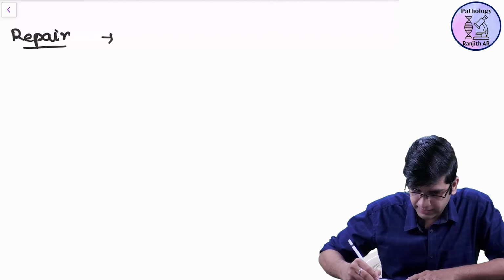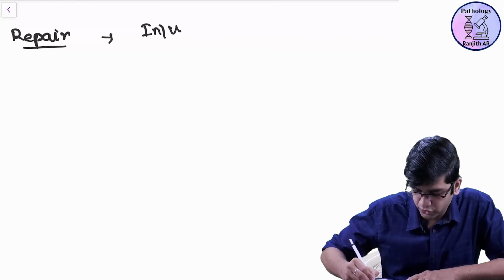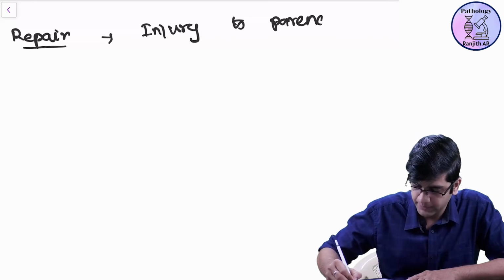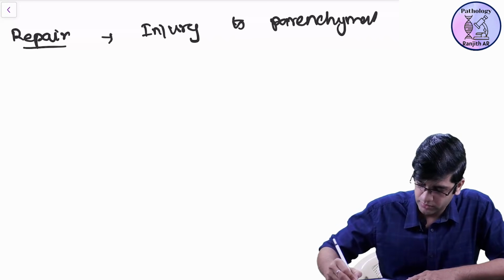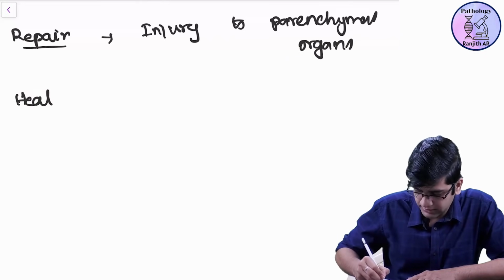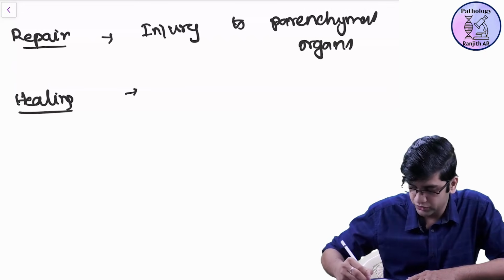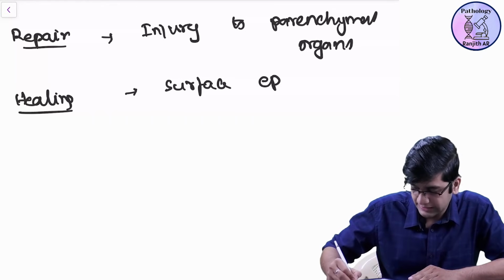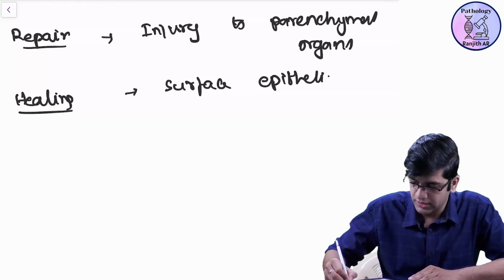I'm going to use the term repair when it's going to be injury and the response of my body to injury to parenchymal organs, right? And I'm going to use the term healing when I'm going to say to the superficial epithelia or my surface epithelia. These are the terms generally used.